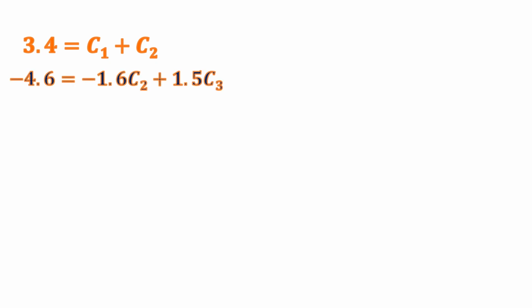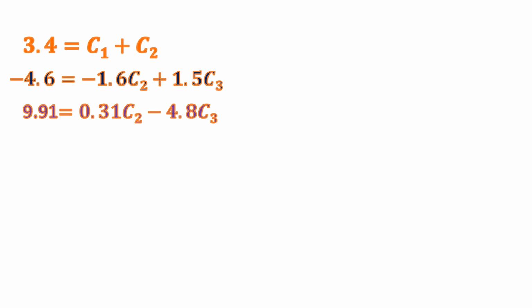3.4 equals c sub 1 plus c sub 2. That's the first one. The second one is negative 4.6 equals negative 1.6 c sub 2 plus 1.5 c sub 3. The next one, the last one that we solved, is 9.91 equals 0.31 c sub 2 minus 4.8 c sub 3.